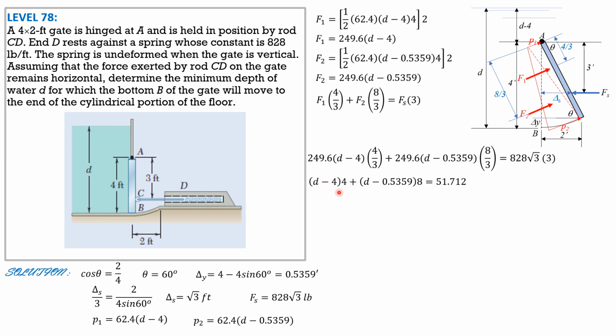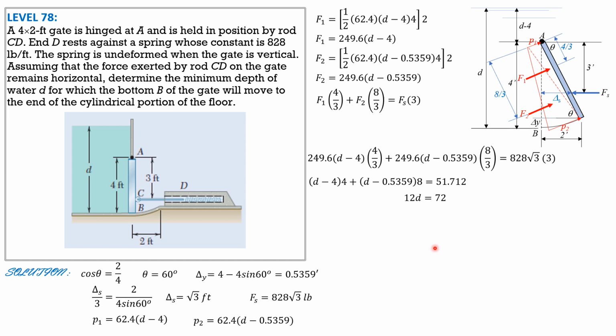So 4D plus 8D is 12D on the left side, and the right side is 51.712 plus 16, 4 times 4, then plus 0.5359 times 8, so that's 72.